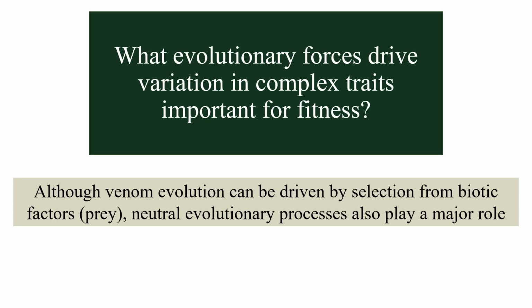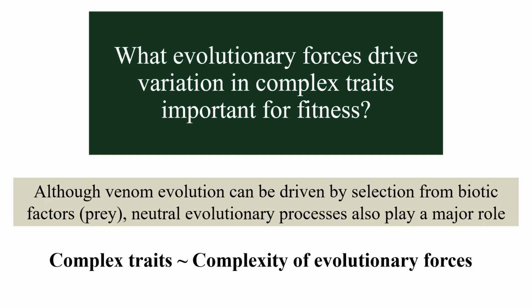However, I also predict that neutral evolutionary processes, such as isolation by distance and genetic drift, will also play a major role in the variation of this trait. This is because genetic drift alters the spatial distribution of alleles, which can potentially interfere with local adaptation. So in other words, I predict that complex traits evolve due to a complexity of evolutionary forces.